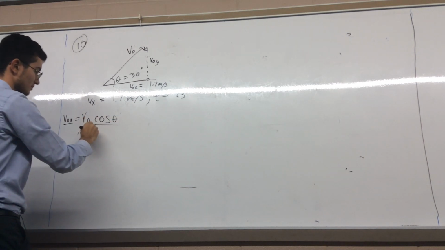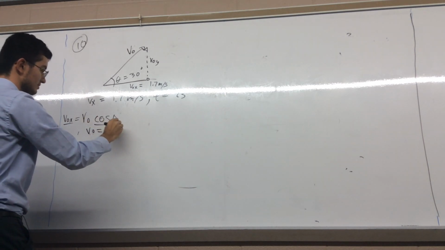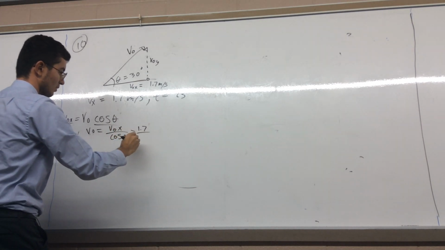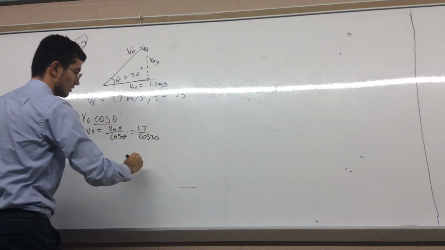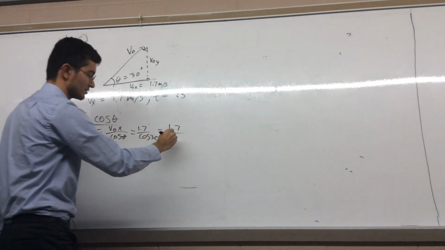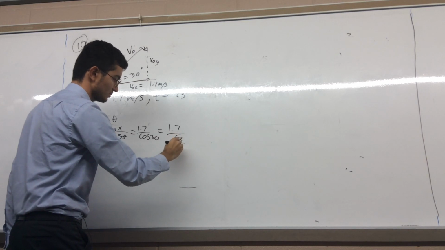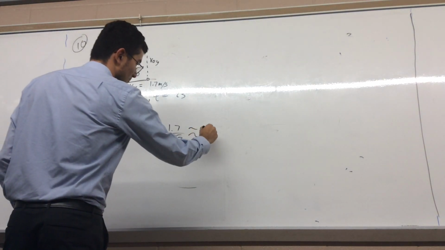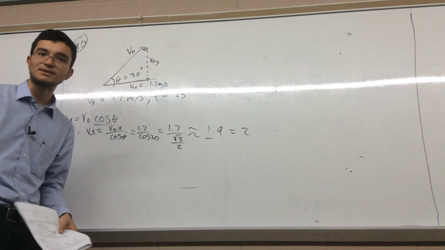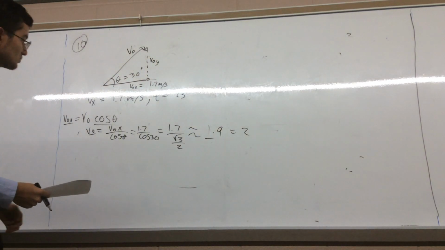So v0 is equal to v0x over cosine theta, which is 1.7 over cosine of 30, which is the square root of 3 over 2. That's about 1.9, so that's going to be 2 meters per second if you round it.